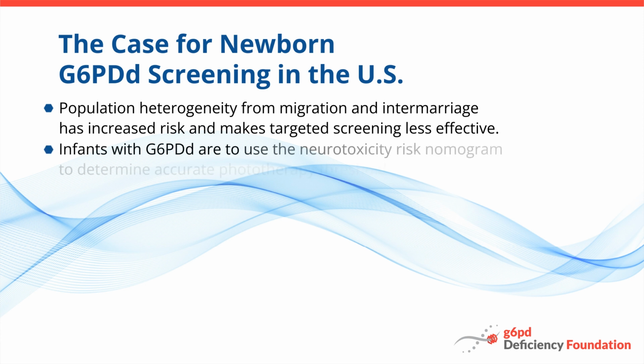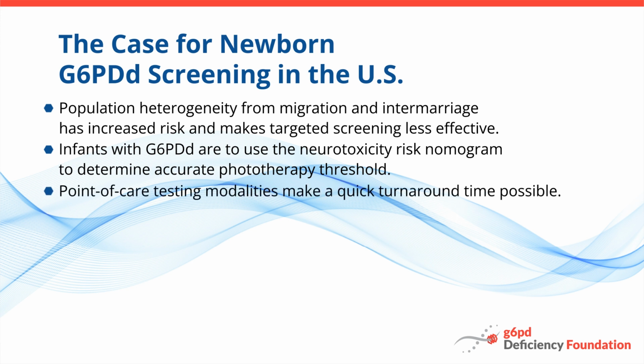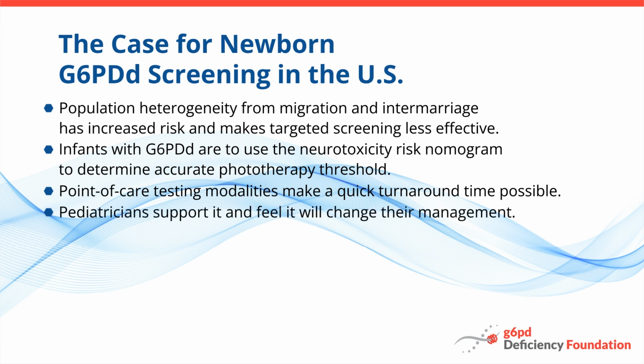If G6PD deficiency history is unknown and the neonate's lineage does not suggest the need for testing, the neurotoxicity risk factor nomogram may not be used, which could result in irreversible damage that could have been avoided. Point-of-care testing makes diagnosis easy and possible. And pediatricians support testing for G6PD deficiency, as it will assist with differential diagnoses.